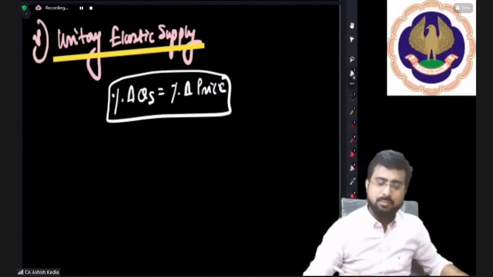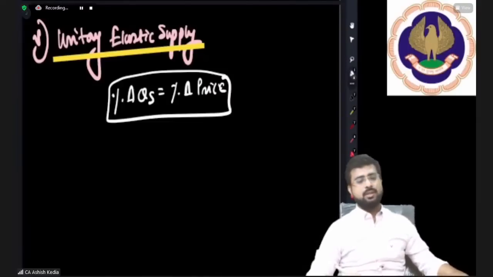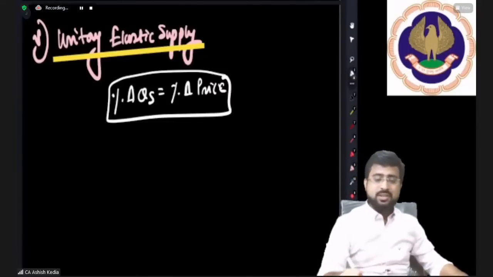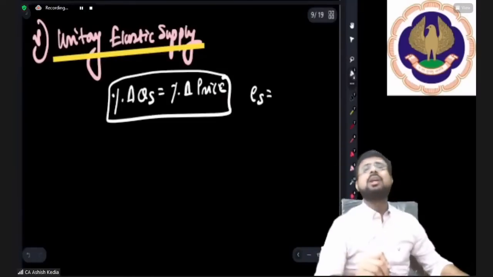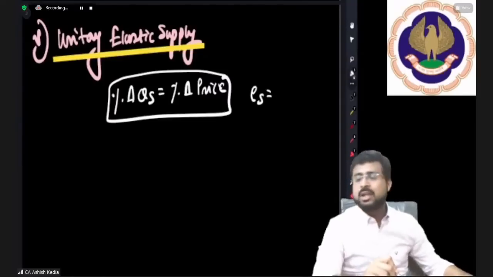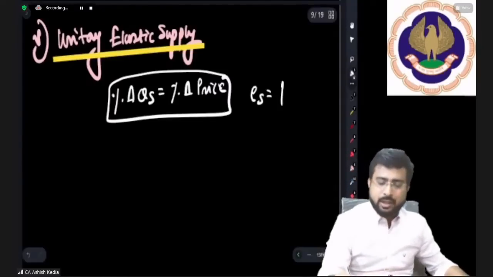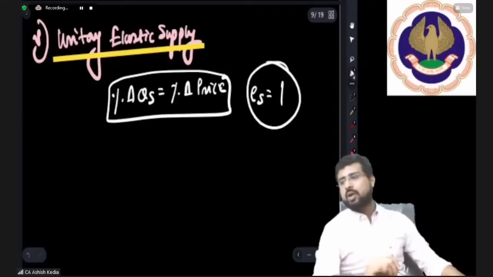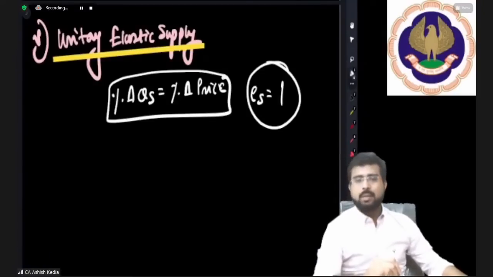Both are changing by equal percentage. So what is elasticity of supply going to be? Since numerator and denominator are the same, the value of the fraction will be 1. Bang on, correct.